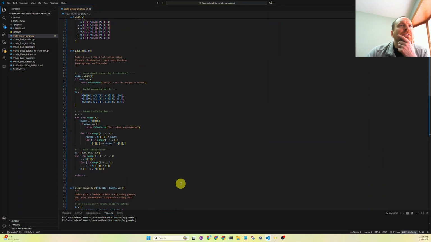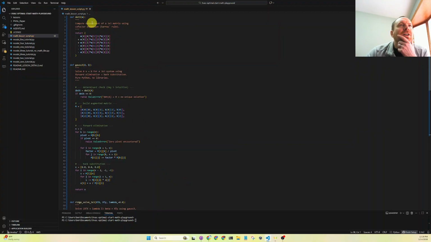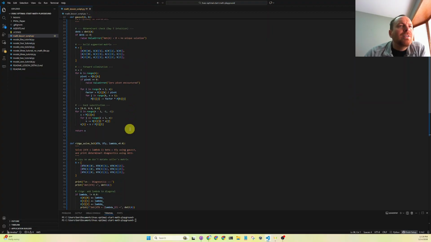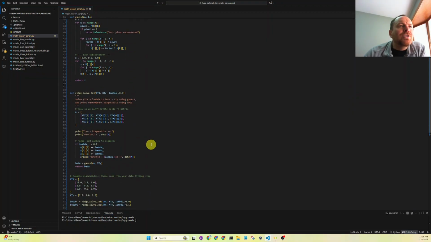Alright, here we go. So now we have our determinant, computing the determinant for a 3x3 matrix using cofactor expansion. Solve A X equals B for a 3x3 system using forward elimination and back substitution, pure Python libraries. Wow. Solve ridge.